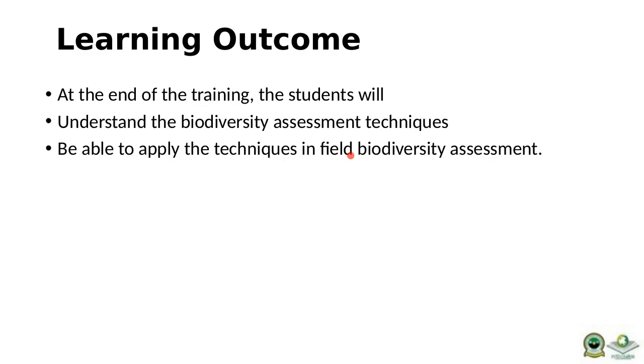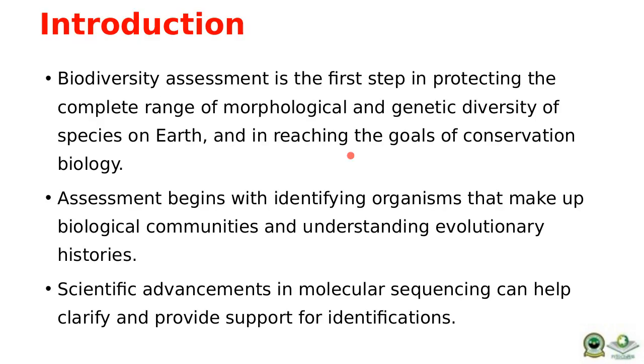I believe that at the end of the day, we will understand these assessment indices and apply them in our field biodiversity assessment. Now, biodiversity assessment is the first step in protecting the complete range of morphological and genetic diversity of species on Earth.